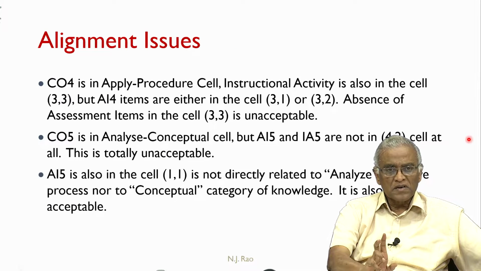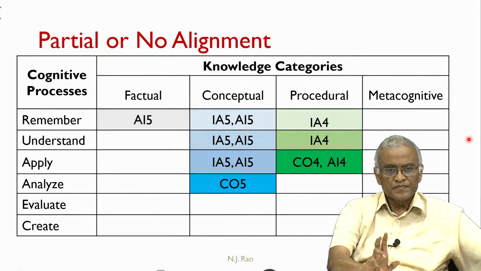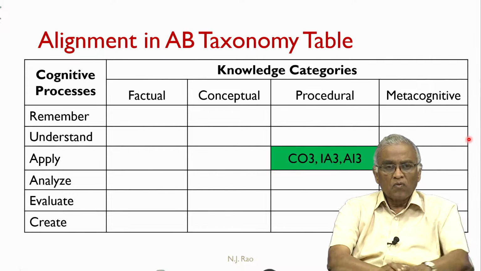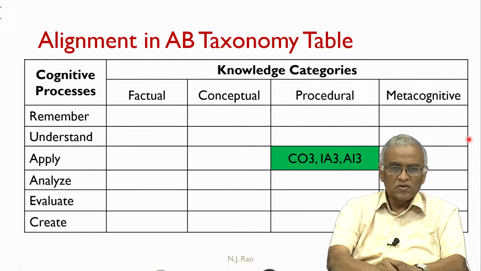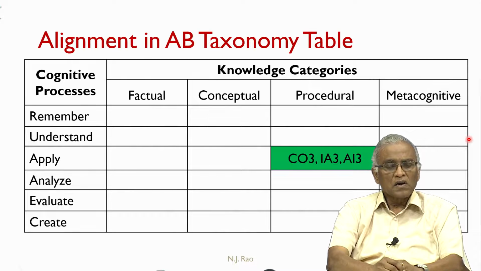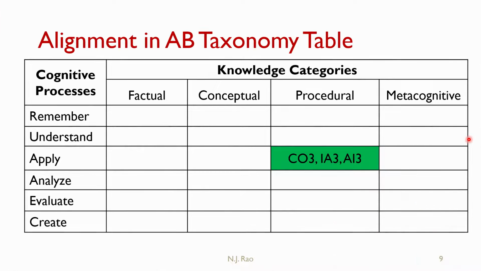If you take the taxonomy table, depending on the nature of the course, all cognitive processes are not relevant to a particular subject. Okay. That means let us say I am eliminating create, evaluate, analyze; those cognitive processes are not relevant to my course at all.